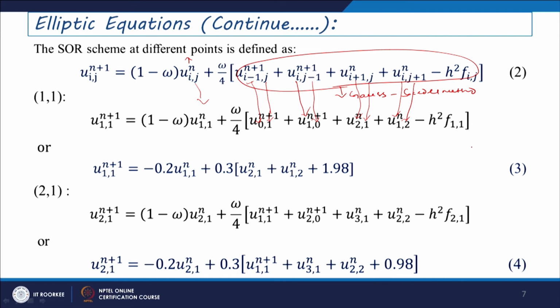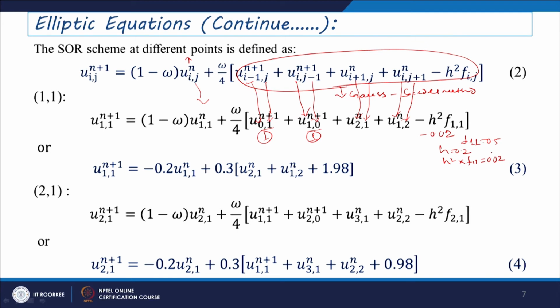If you see here, the 0 1 condition is known to us and the 1 0 condition is known to us. So this has taken the value 1 and this has taken the value 1, and this term can be considered as minus 0.02, since f11 is prescribed as 0.5 and h is given as 0.2. So h square multiplied by f11 is 0.02.